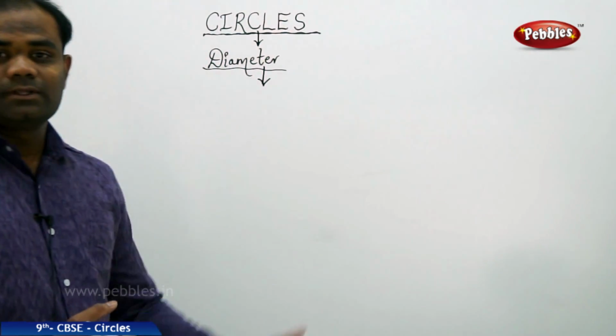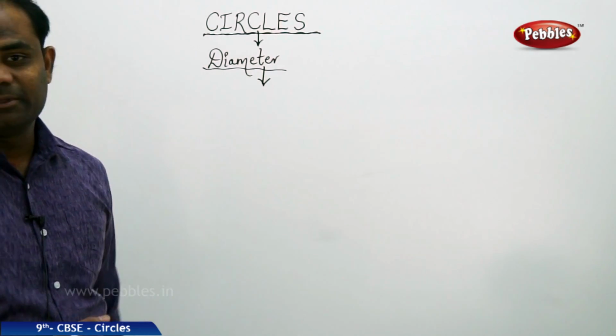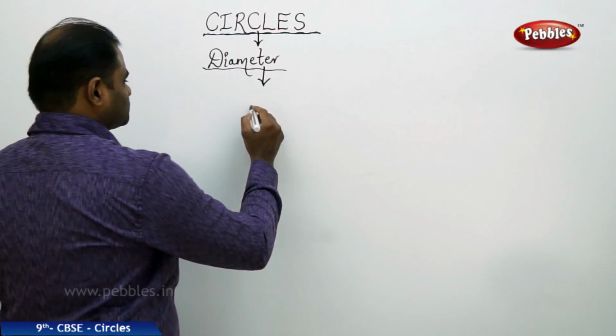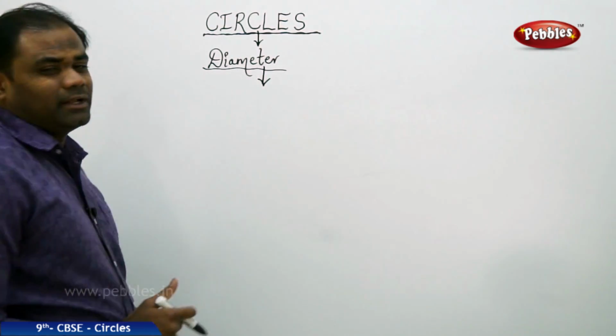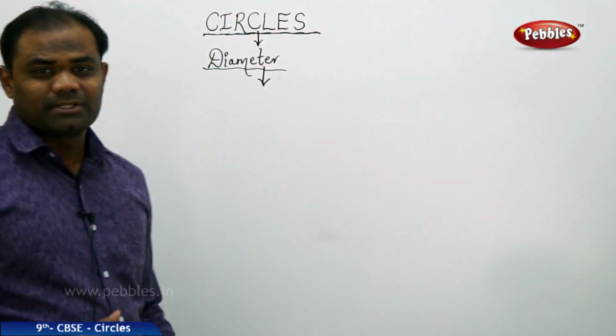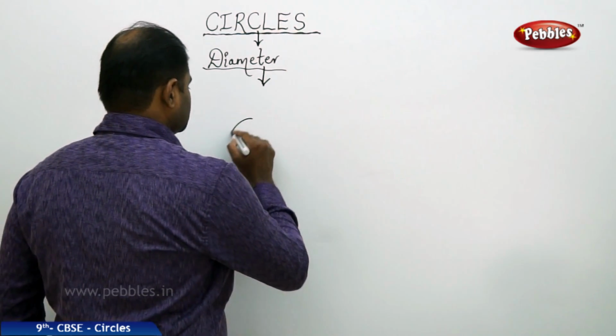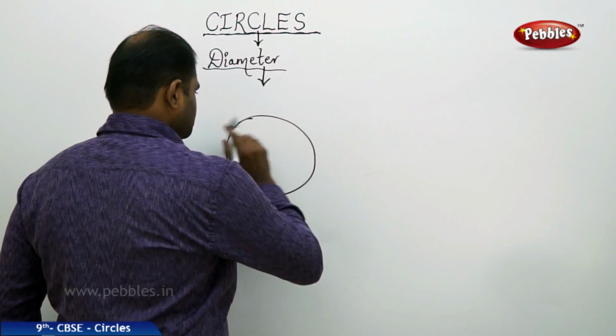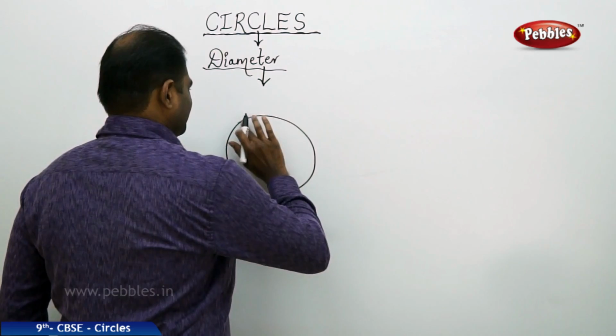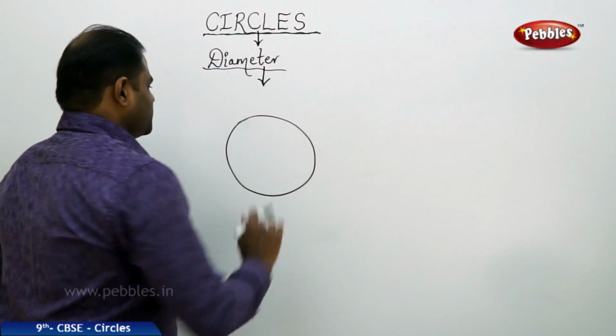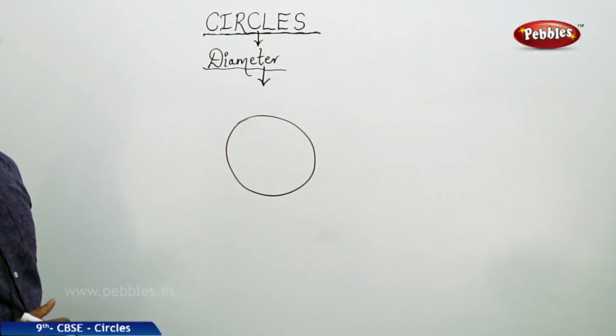To start with, the definition of the diameter. In order that I define a diameter for a circle, let me take a circle into consideration. So here is the circle.